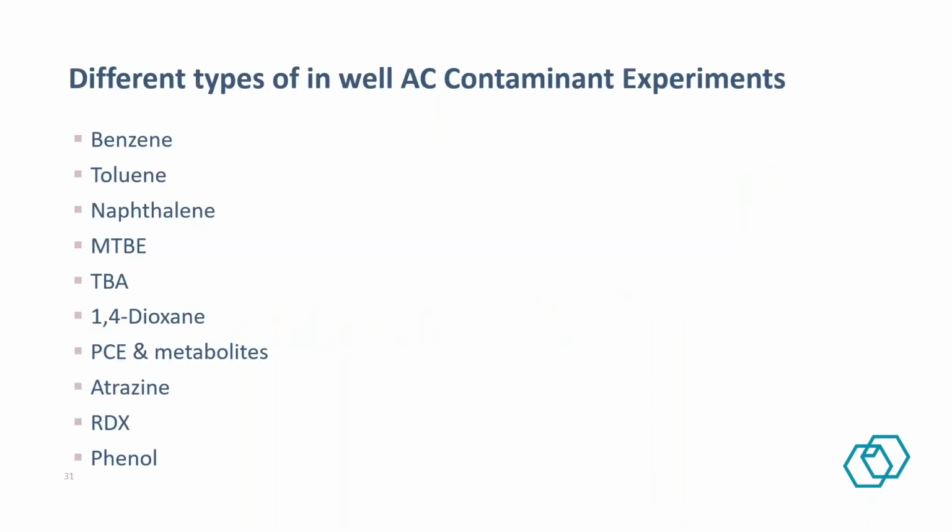So I've gone over some of the work I've done previously in my career, but obviously that's not all the contaminants that have been run with activated carbon. Here's a partial list of the contaminants that have been shown to degrade on activated carbon. Like benzene, toluene, naphthalene, we've got oxygenates, MTBE, TBA, 1,4-dioxane, obviously the chlorinated solvents, pesticides, atrazine, RDX, and energetics, phenol.